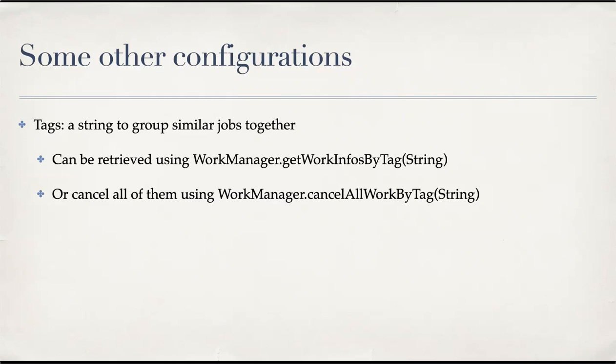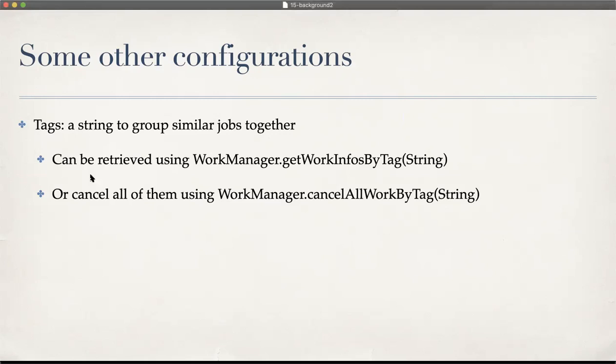Why is that useful? There may be certain work requests associated with each other, or somehow groupable logically, and the tag will help us do that. So there are method calls on work manager like get work infos by tag. There is also get work infos by ID, for example.